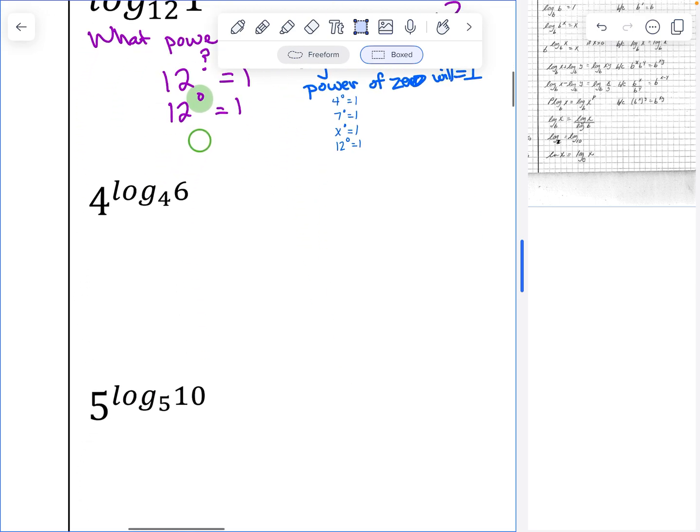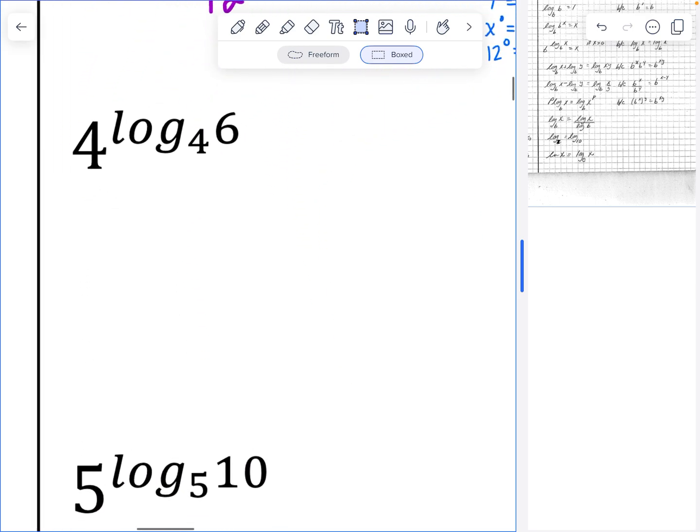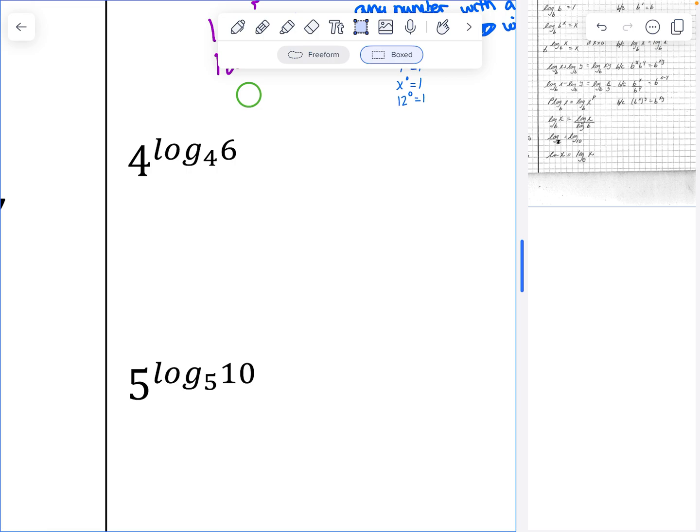Okay. Then you're going to have things like this. And here's what you're going to notice here: this is a base 4 and this is a base 4. If they're both base 4 numbers, the answer to the problem is 6.